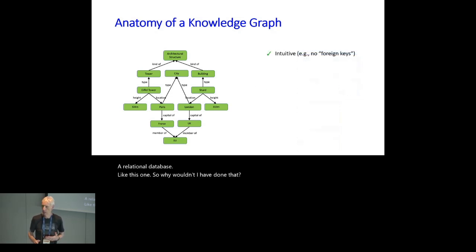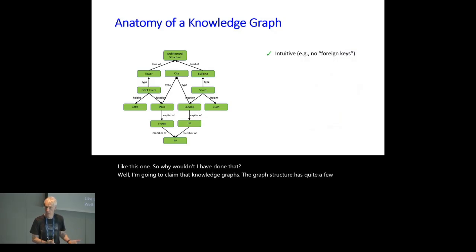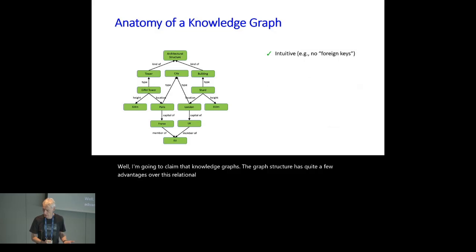Well, I'm going to claim that with knowledge graphs, the graph structure has quite a few advantages over this relational structure. Some of them are more subjective, some more objective. Subjectively, it seems to be a bit more intuitive. I'd support that by saying that one of the things we don't need here in order to understand what's going on is foreign keys.